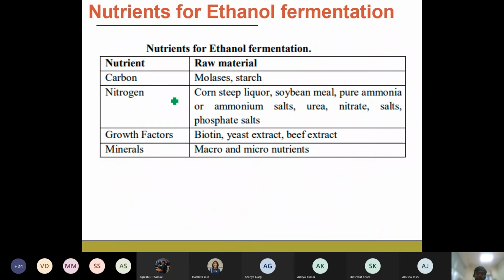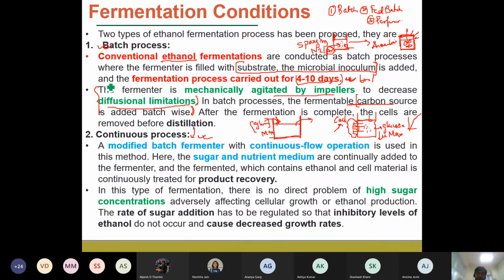Now coming to the next part, what are the types of fermentation processes we have? Generally, there are two types: the batch process and the continuous process.